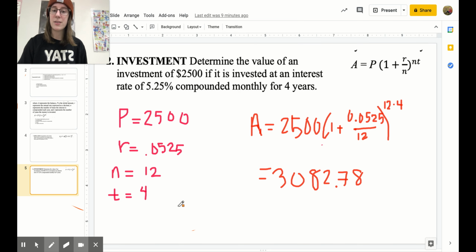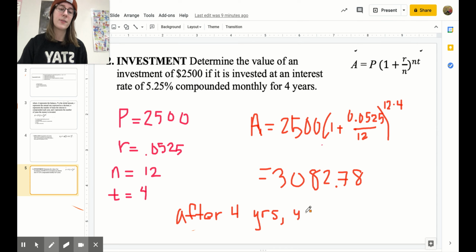So at the end of, after 4 years, you have, again, with word problems, you answer in words. It's probably painstaking to watch me do this. You have $3,082.78.